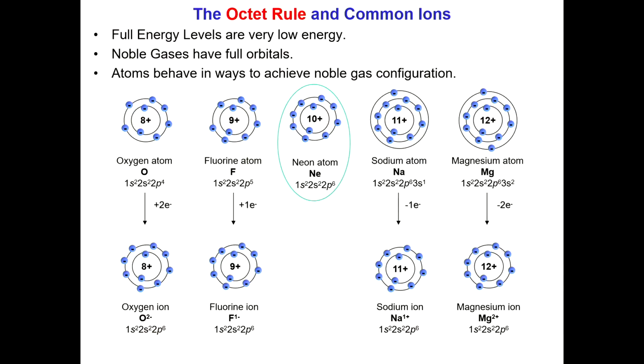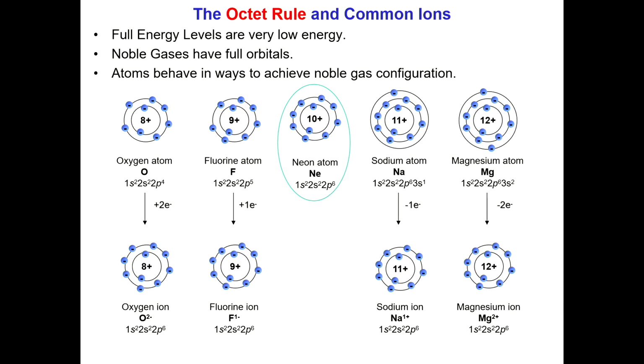Now you know this, right? So here, the octet rule. The octet rule means full energy levels are very low energy. What does this mean? It means if the atom has a full shell, it has low energy, and it also means it is stable.